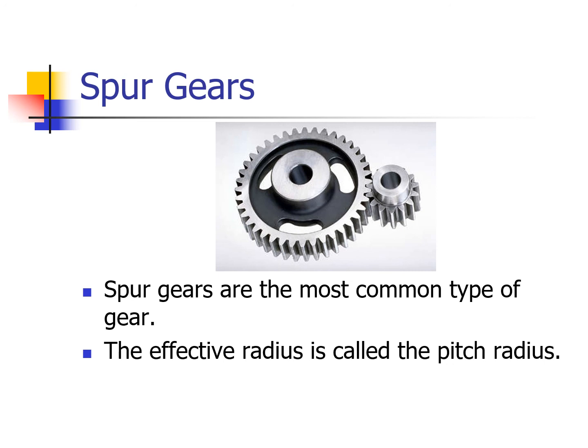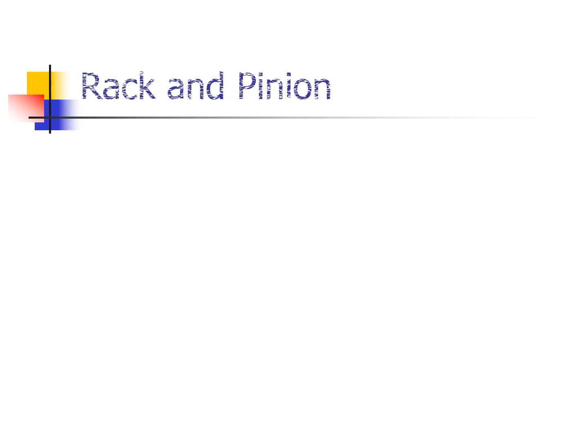You'll also hear something called the effective radius or the pitch radius. We're going to talk about gear ratios in a little bit, and basically that radius or the number of teeth become important things for us when we're looking at gear ratios.